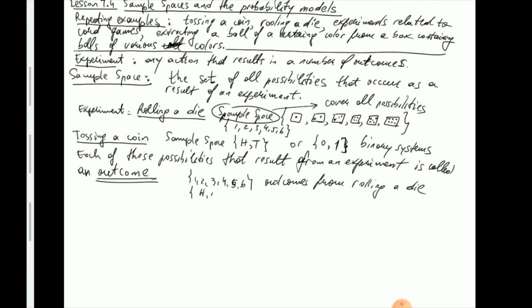Heads and tails are the outcomes from tossing a coin, and so on and so forth. Sometimes the outcomes are not even talked about too much because you always talk in terms of groups of outcomes, or events. You will see later when we deal with some other examples.